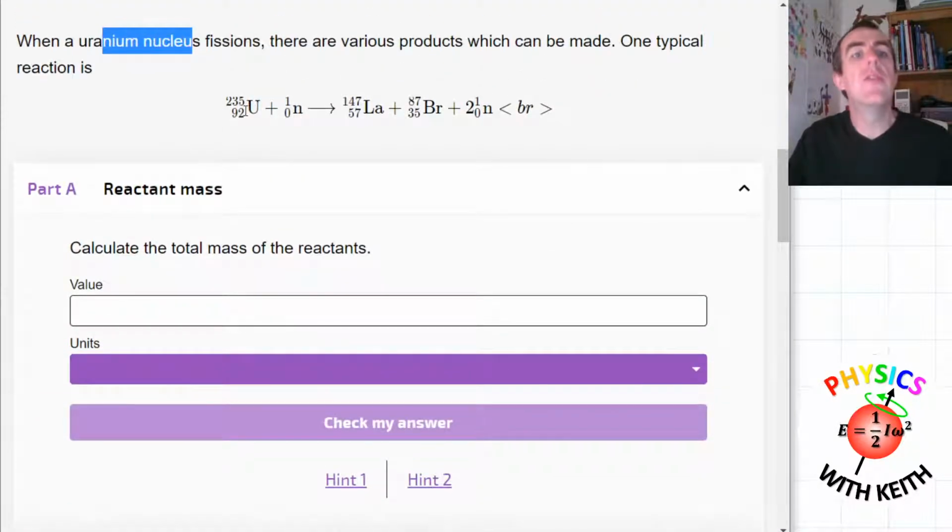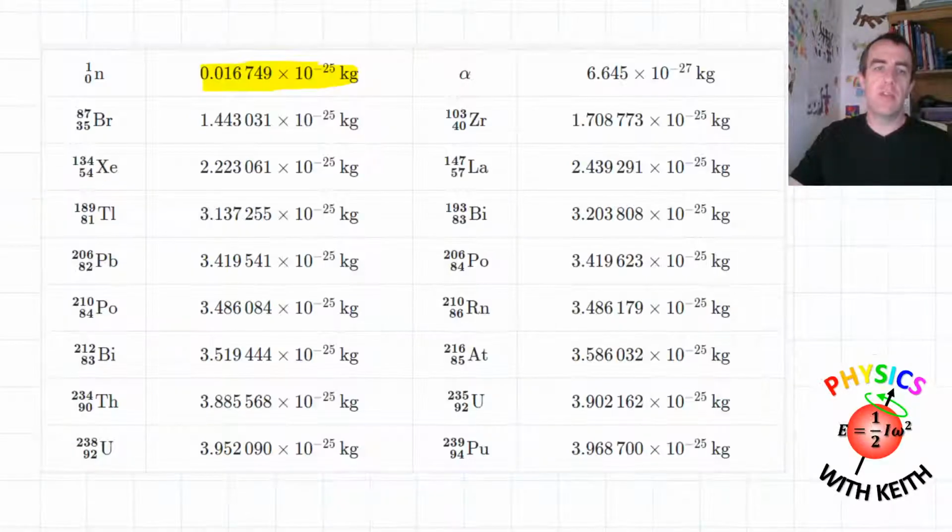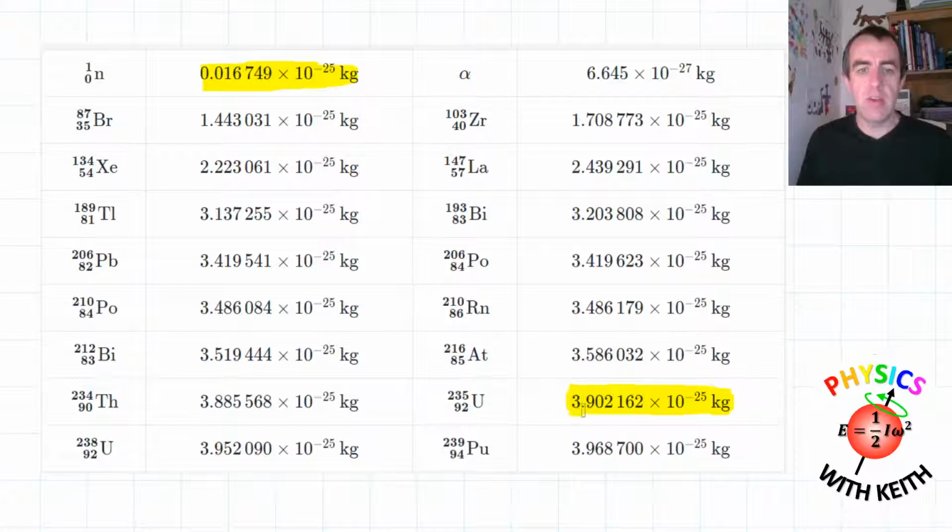It said it's uranium-235, so it's the less common isotope of uranium. Uranium-235 does naturally occur, but in much smaller proportions, maybe 1% or something, I can't remember exactly. But uranium-238 is far more common. In nuclear fission reactors, we have to enrich the fuel, and that means increase the proportion of uranium that's 235.